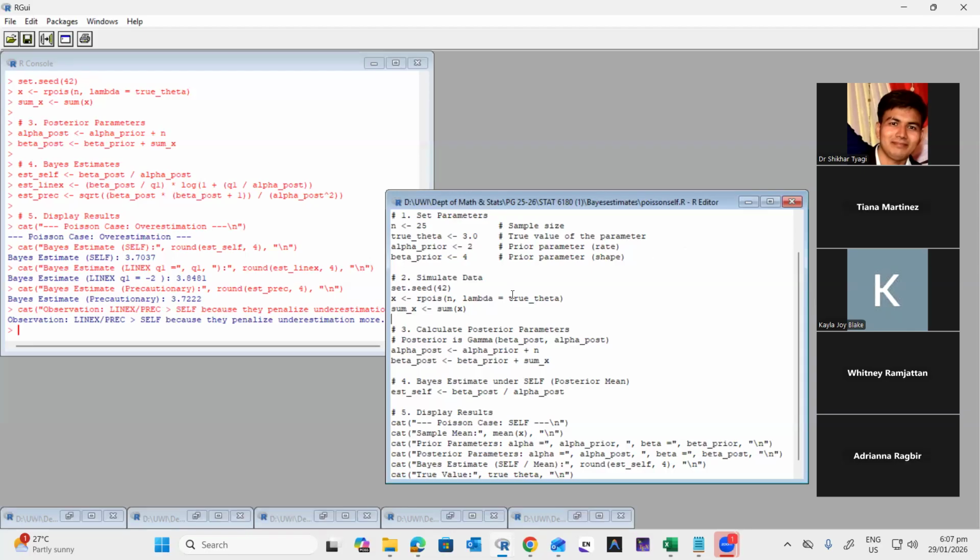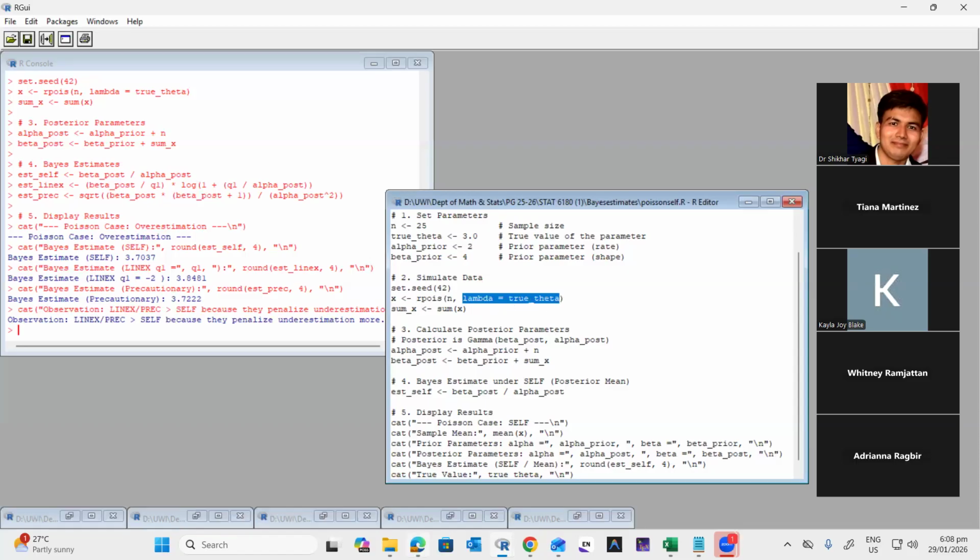To generate random numbers from the Poisson distribution, we use the command pois, and when we add r before it, rpois, we can generate random numbers of size n from the Poisson distribution with respect to the value of lambda, which we are taking as theta here.